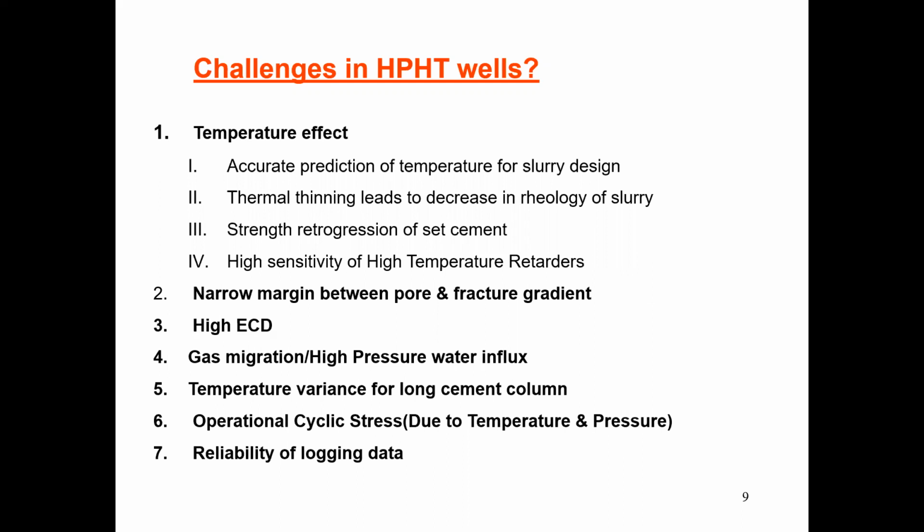For that, we need to add silica. In all wells where static temperature is more than 110 degrees centigrade, we have to add 30 to 35% silica flour. Okay, that has to be added to prevent strength retrogression.